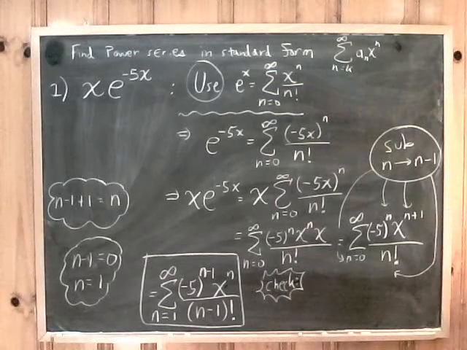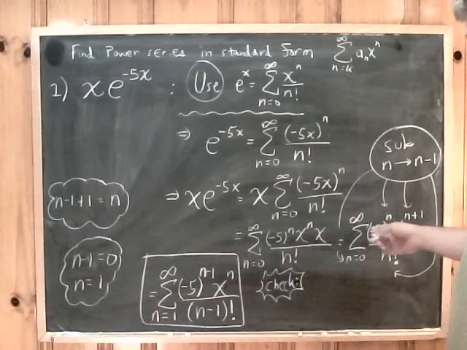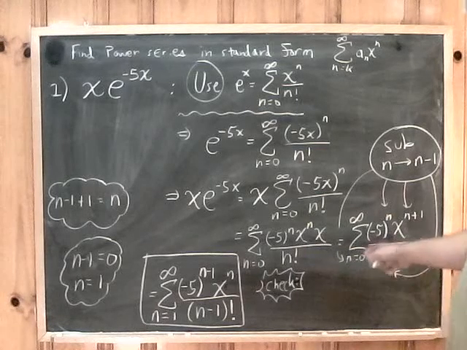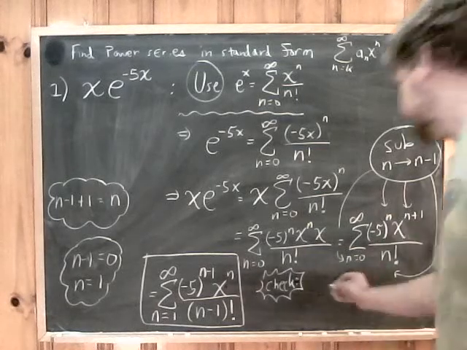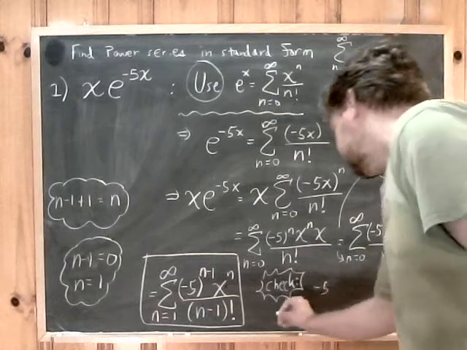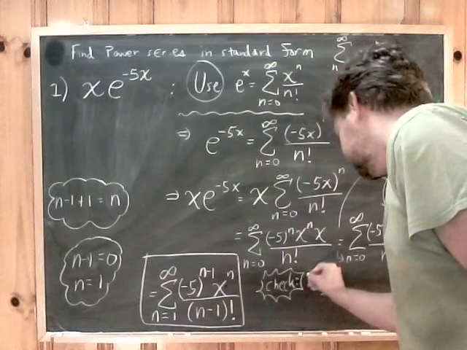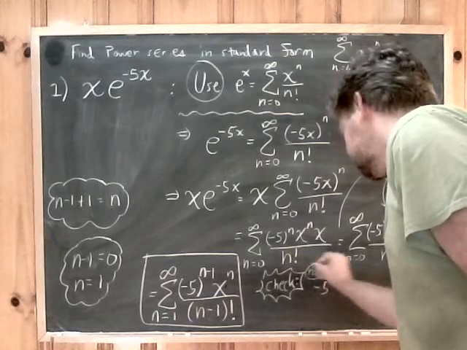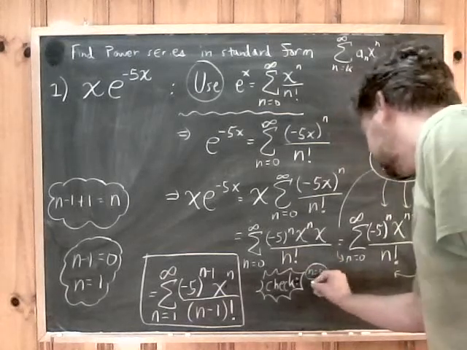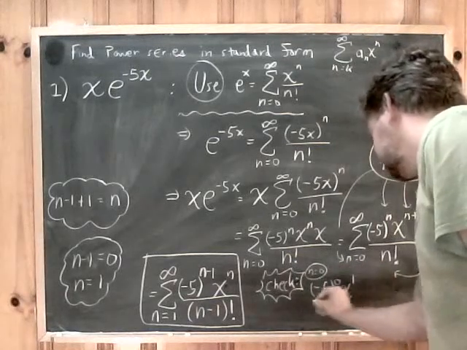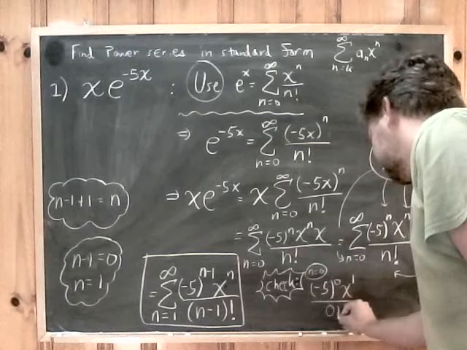Before this step, it went from n equals 0 to infinity, negative 5 to the n, x to the n plus 1 over n factorial. When I plug in n equals 0, I get negative 5 to the 0, x to the 1 divided by 0 factorial.